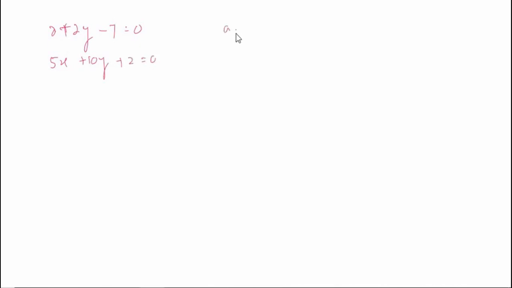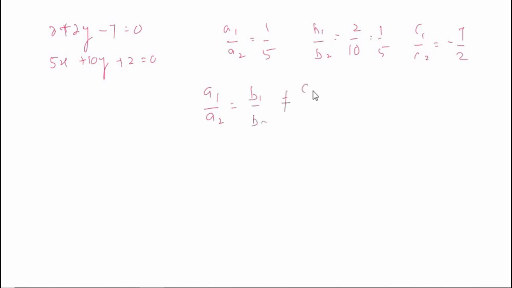Now a1 by a2 equal to 1 by 5. b1 by b2 equal to 2 by 10 equal to 1 by 5. Now c1 by c2 equal to minus 7 divided by 2. Now this is the scenario where we have a1 by a2 equal to b1 by b2 but not equal to c1 by c2.